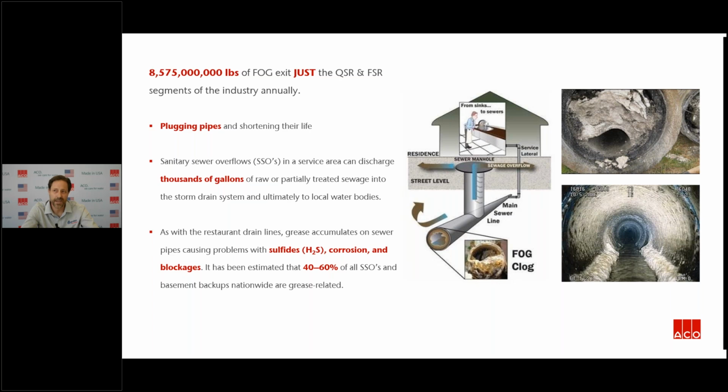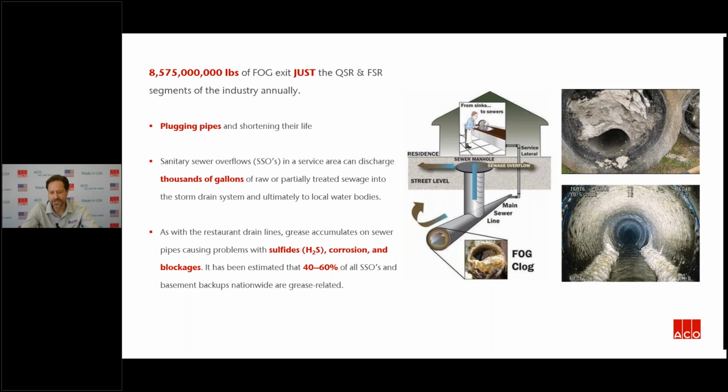When we look at what we call SSOs, which are sanitary sewer overflows, this is where you might be looking at a utility cover, it's raining, and stuff is bubbling out of it. FOG is a big contributor. About 40 to 60% of all SSOs in the United States are attributed to FOG, grease being trapped within those systems.